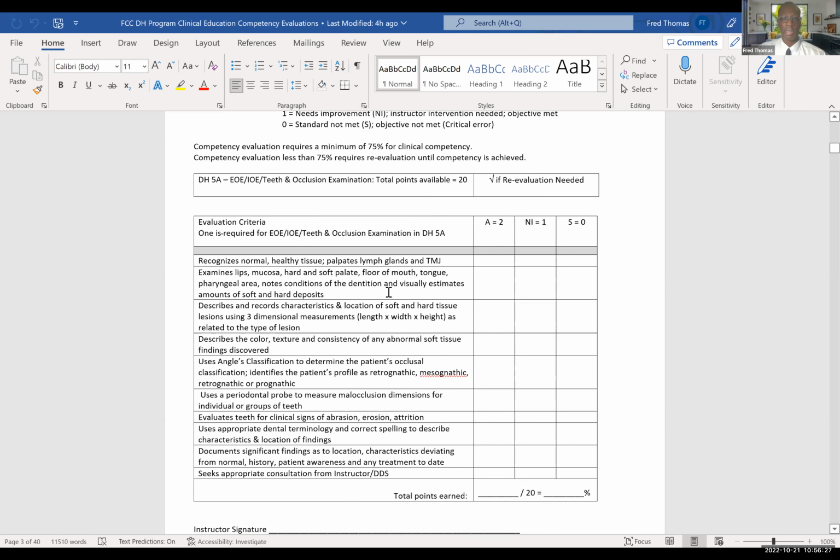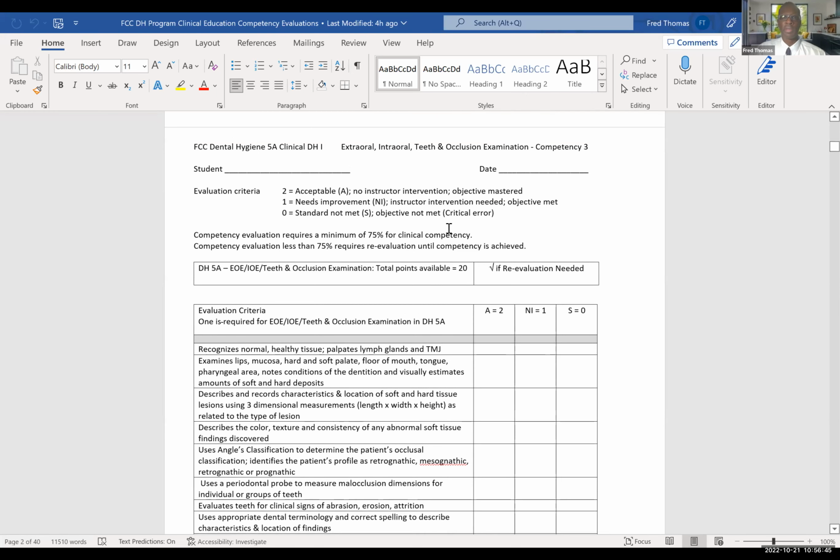And if they can do it without error, they would get an A. If they miss it or something is just not quite right, they will get an NI. And if they just completely bomb it, of course it's a 0. To pass this, they need to get at least a 75% clinical level.